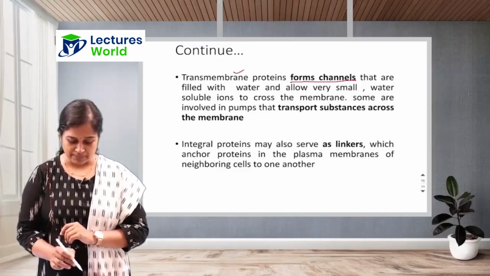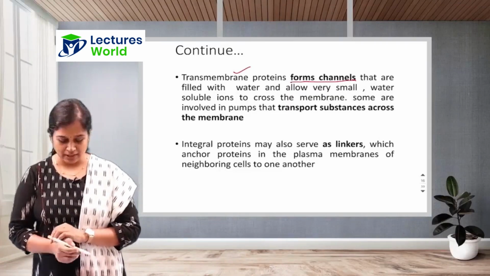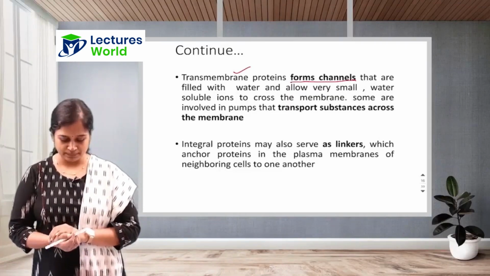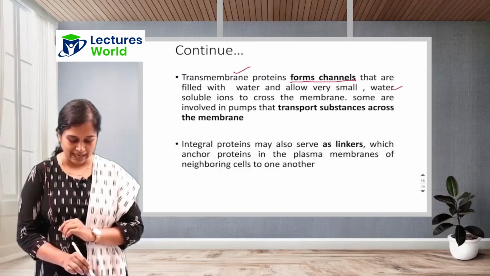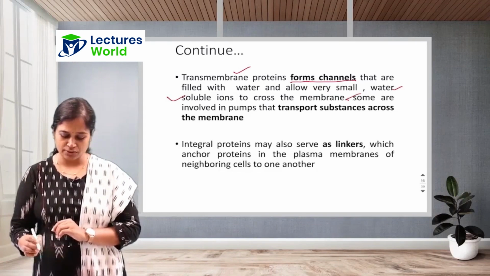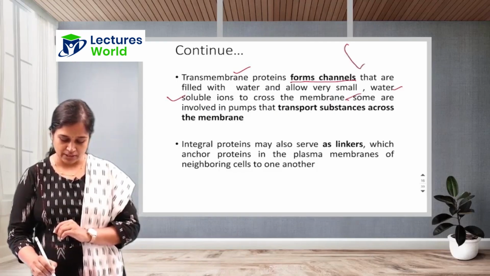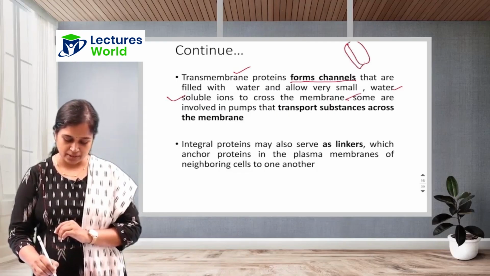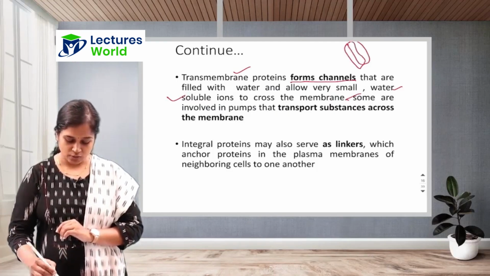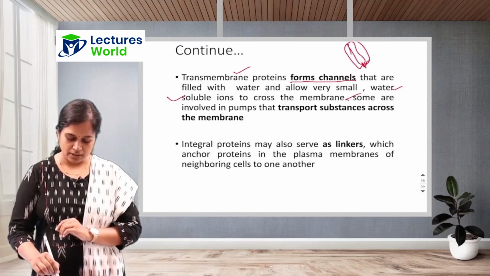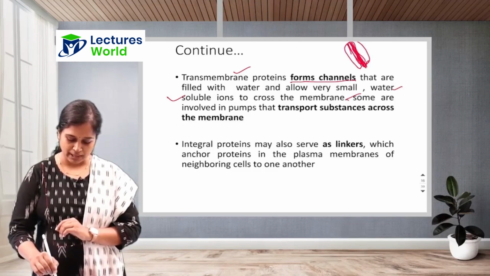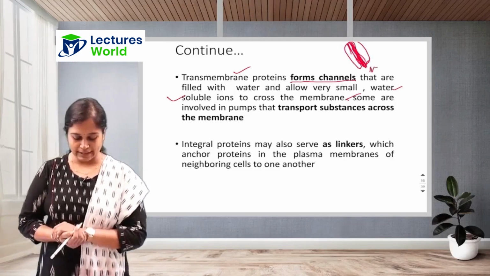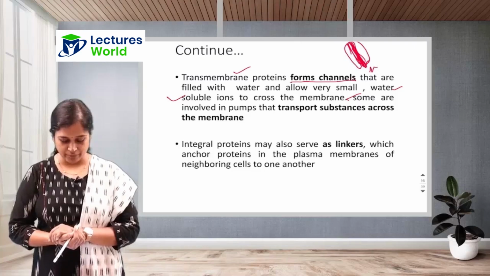So this transmembrane protein forms a channel that is filled with water and allows very small water soluble ions to cross through the membrane. Suppose this is a transmembrane protein, it has a groove inside it. This is a channel which is filled with water and some water soluble molecules can pass through it. So that is another function of the transmembrane protein.